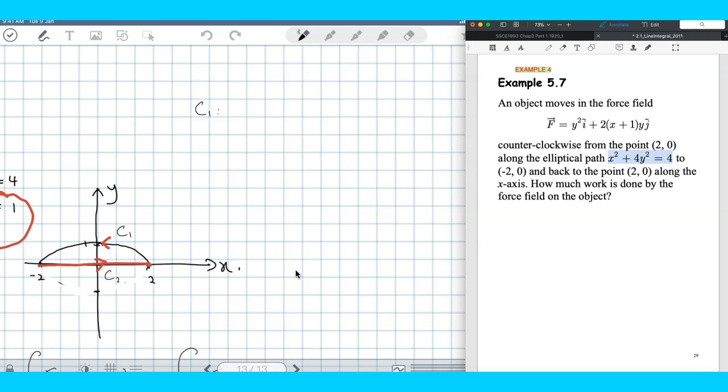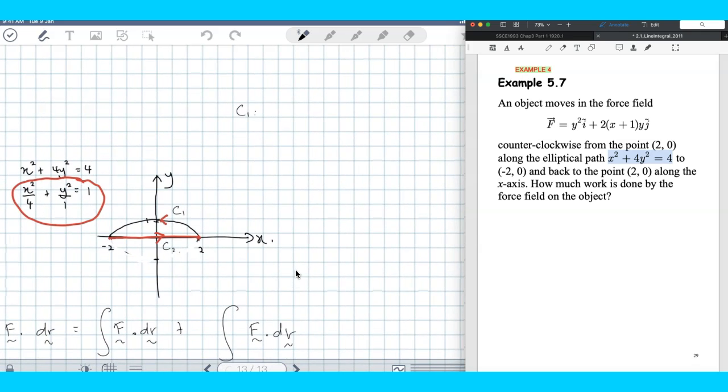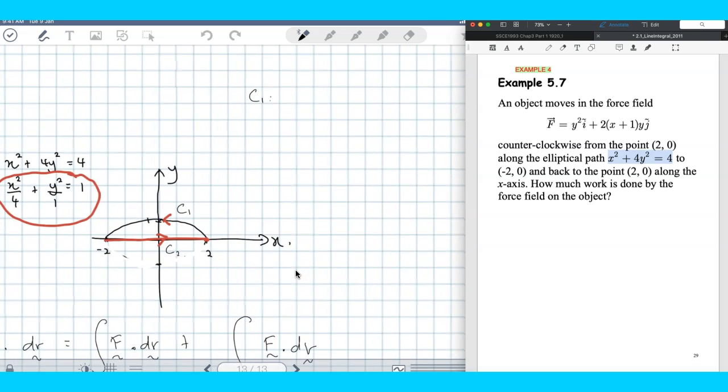To obtain C1, based on that equation, it's just like a circle, which means that you have to use a trigonometric identity. Just like polar coordinates for a circle, we take that idea to find the parametric equation for the ellipse.